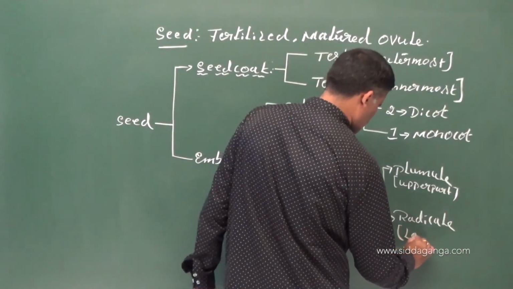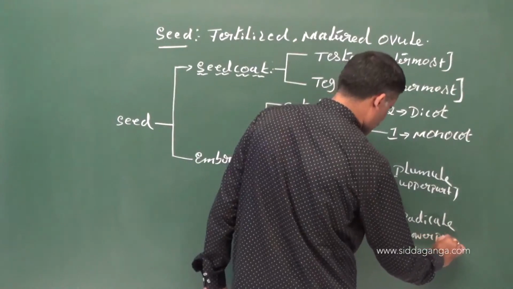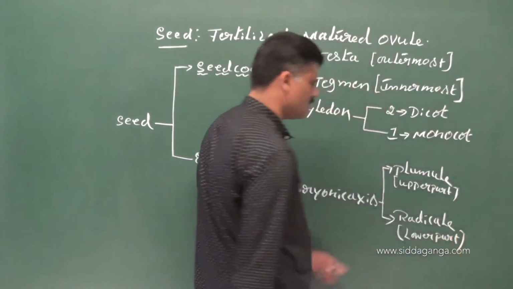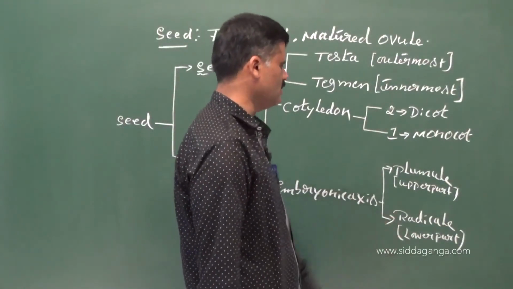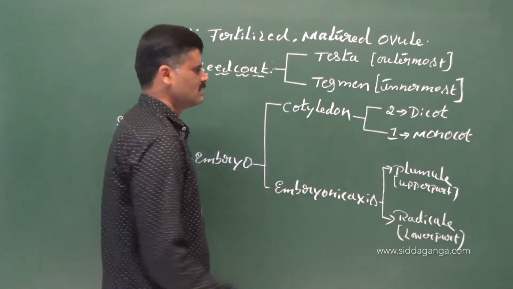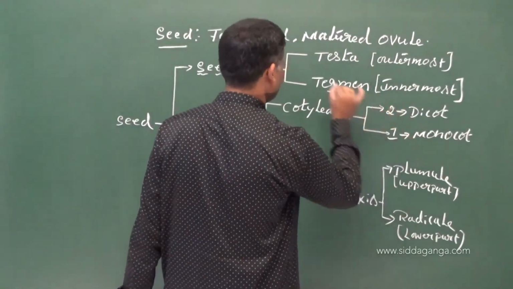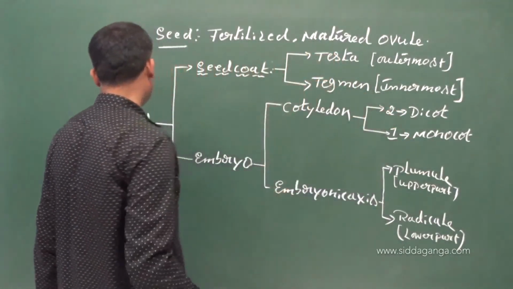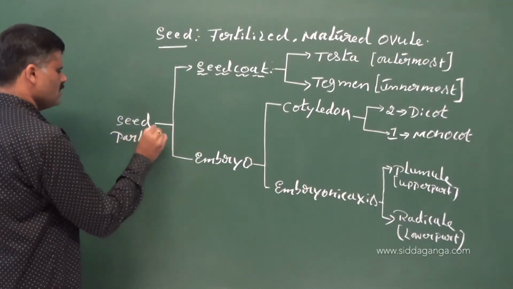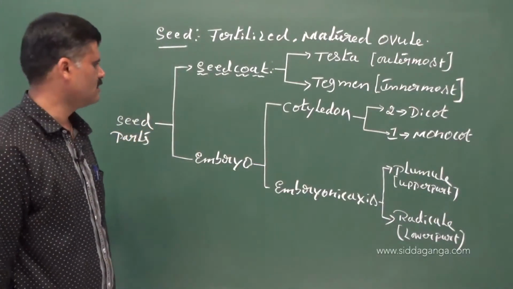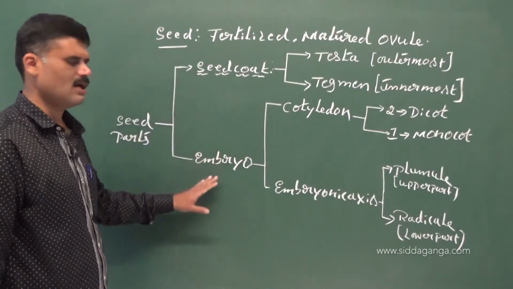Radicle is the lower part. You know that the plumule gives rise to the shoot system and the radicle gives rise to the root system. So these are the parts of a typical seed: seed coat and embryo.